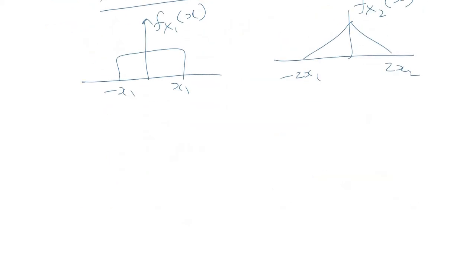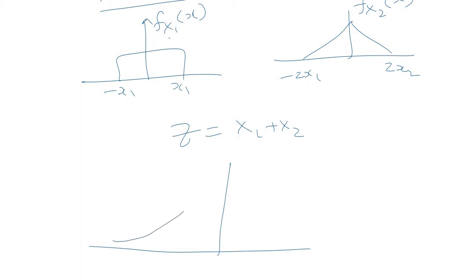Now let's say z is another random variable which is sum of these two random variables, x1 plus x2. So if we sum these x1 and x2 and find out the PDF of the resultant, it will tend towards Gaussian distribution, and the range, we know it spreads from the sum of their extreme points, that is minus x1 plus minus 2x1, so minus 3x1, and the other extreme point would be 3x1.